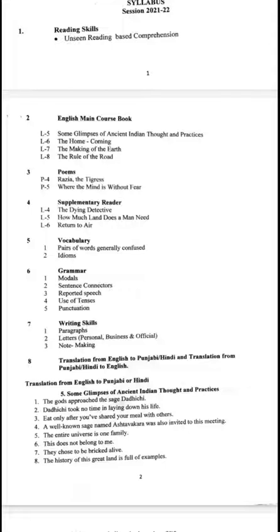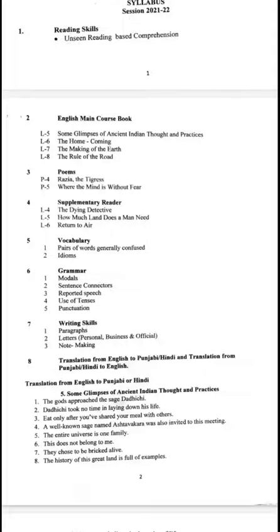The poems are Razia the Tigress and Where the Mind is Without Fear. From the supplementary reader, the chapters are The Dying Detective, How Much Land Does a Man Need, and Return to Air.